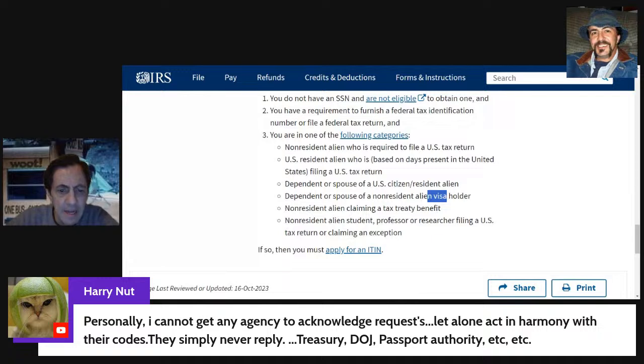Non-resident alien claiming a tax treaty benefit. Again, this matters nothing. Tax treaties apply to all. And of course, I told you, I think, I adopted the postal tax treaty. Non-resident alien student, professor, or researcher filing a U.S. tax return or claiming an exception. Not an exemption, an exception.